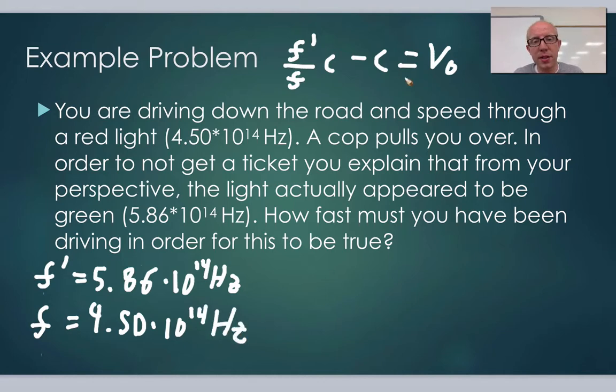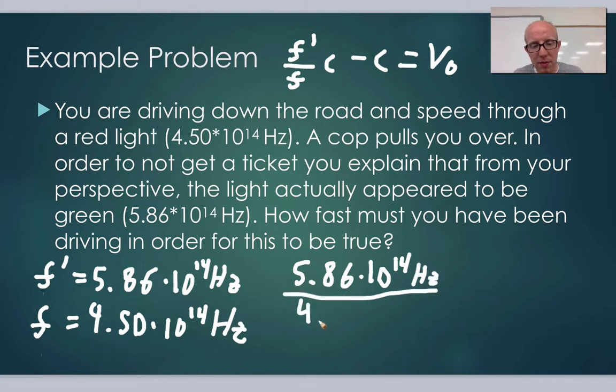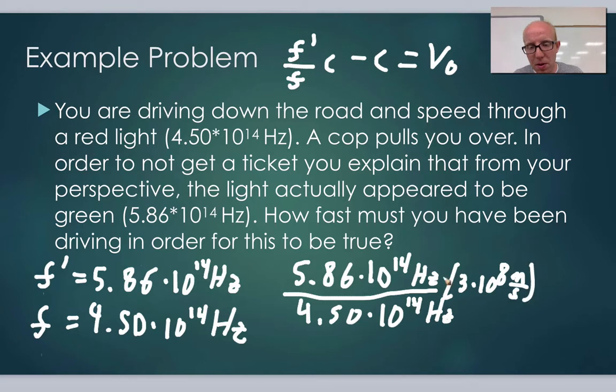So if we plug it into this equation up here, we basically get the division of those two, f prime over f, times our speed of light, which is again 3 times 10 to the 8th meters per second, minus the speed of light again, 3 times 10 to the 8th meters per second.